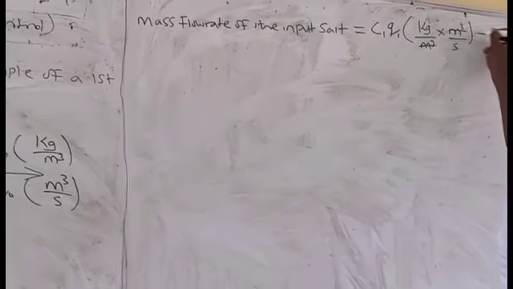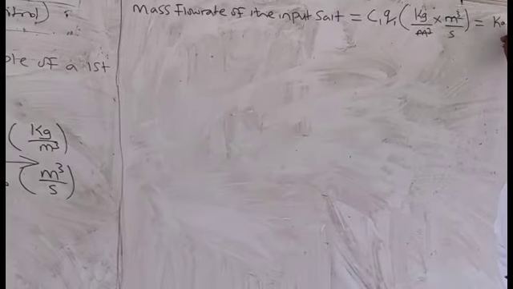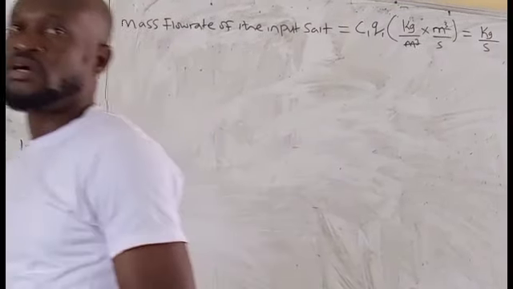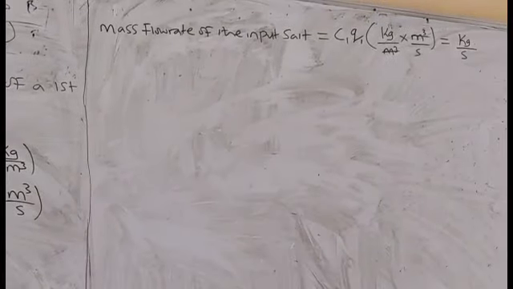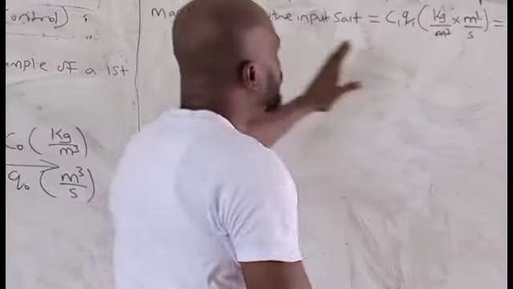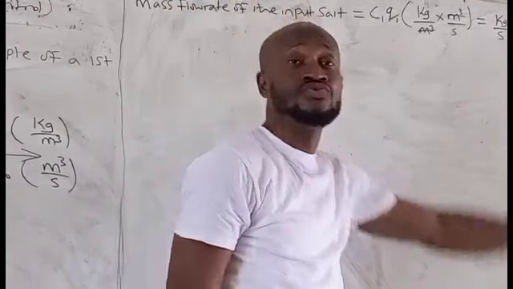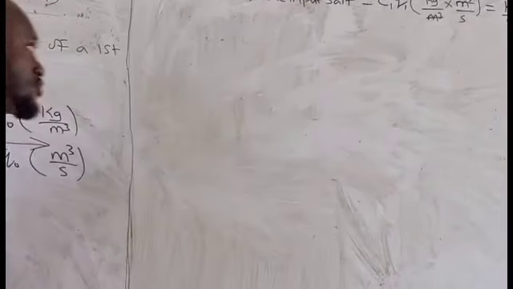So we're going to have it in the form of kilogram per second. That's the unit of mass flow rate. So the mass flow rate of the input source, C1 times Q1, is equal to kilogram per second.